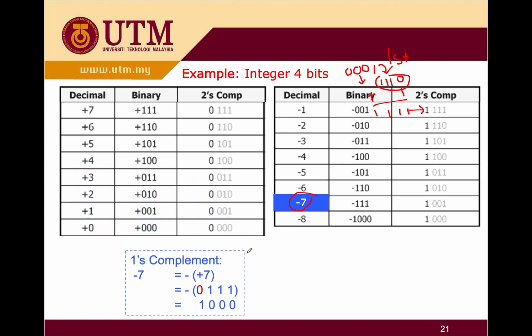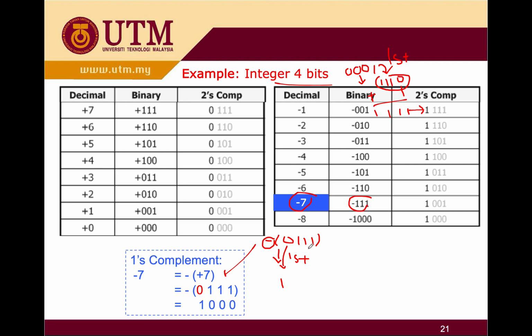So there is also an example of -7. First of all, because this is 4 bits, you need to add a 0 in front: 0 1 1 1, and then this is a negative value. After that, because this is negative, you need to do the first complement method, which is if it is 0, you change it into 1.